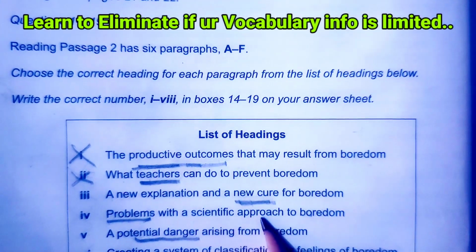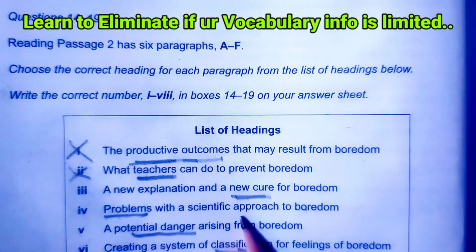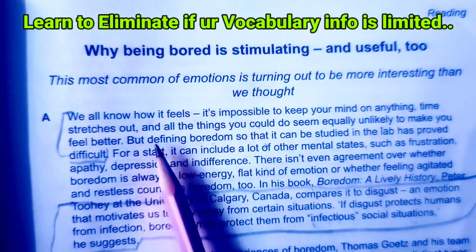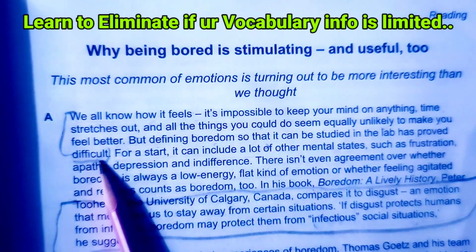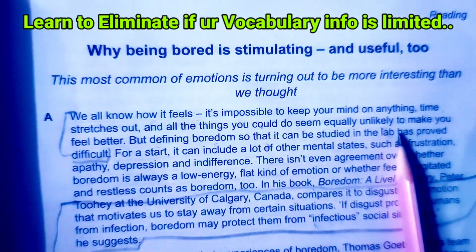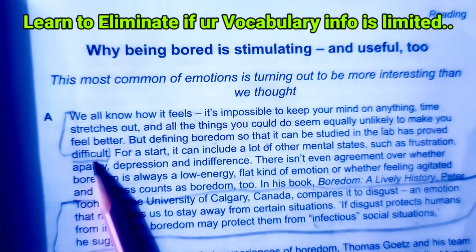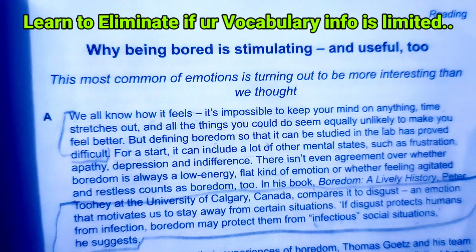After that, problems with a scientific approach to boredom. Problem, scientific approach. Here when I was reading it, I got it. But defining boredom so that it can be studied in the lab has proved difficult. Lab means scientific study, right? Difficult means problem, difficulty. So I hope you got your answer, that my answer is the fourth, right?